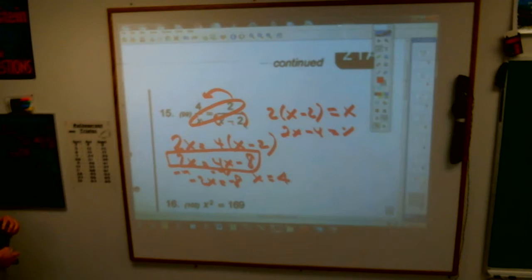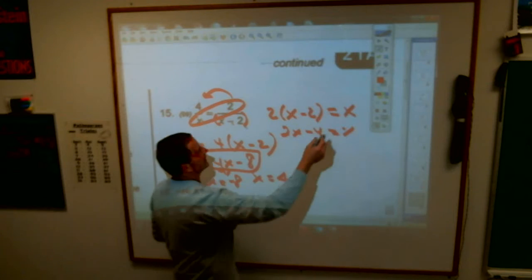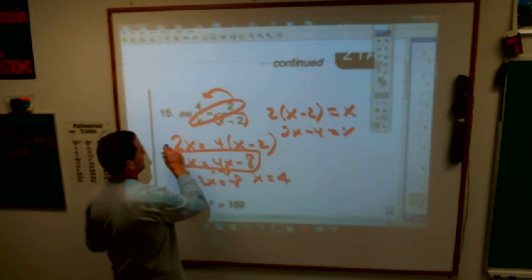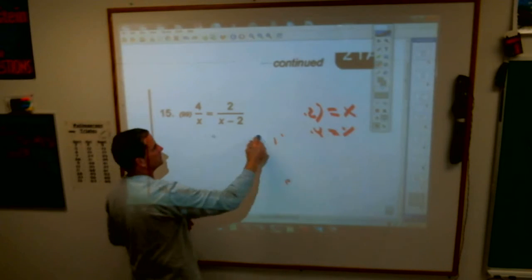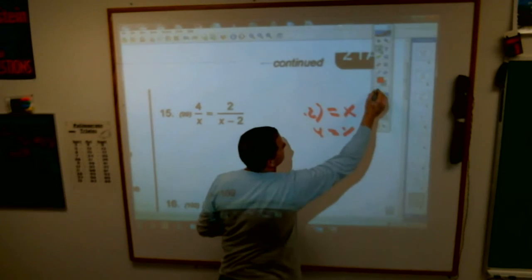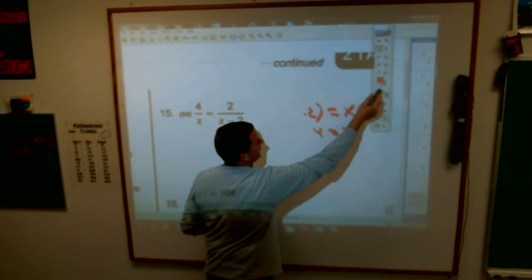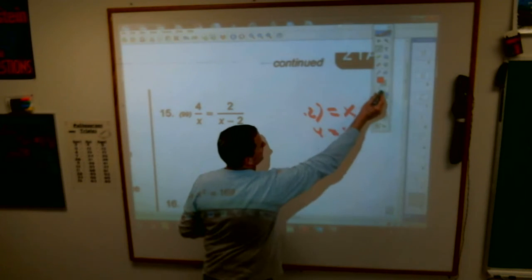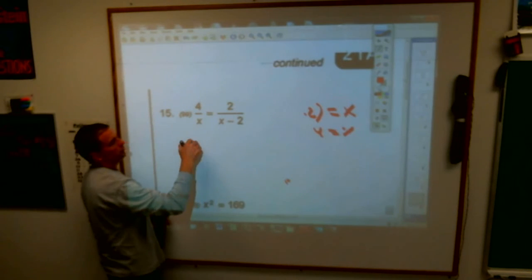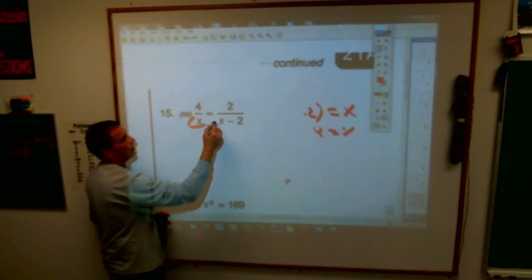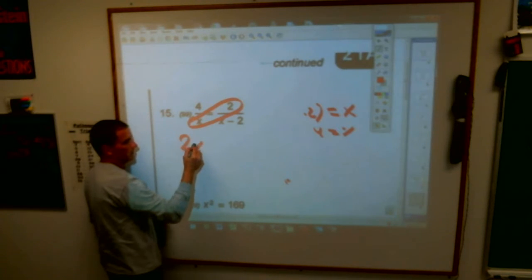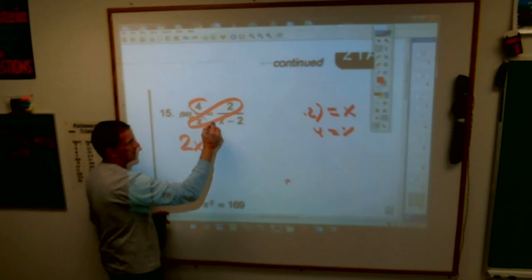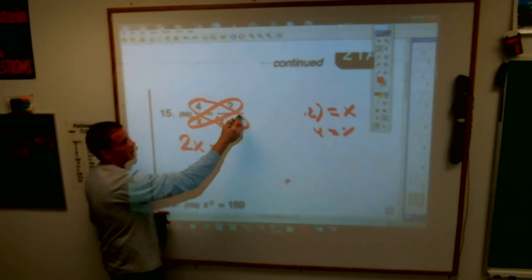Can you re-explain that? I appreciate the brutal honesty of that. I will go from here again in relatively slow motion. Alright, so you're basically going to do cross multiplication. 2 times x has to equal whatever this times this is. And this is one quantity.